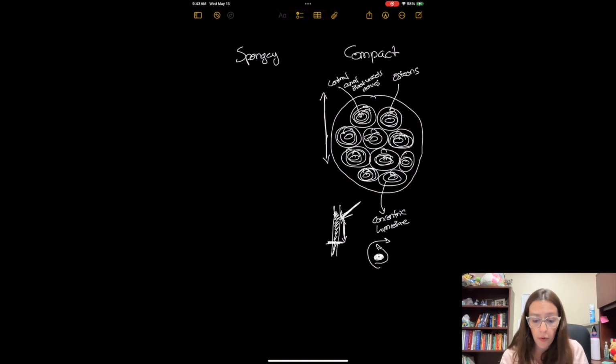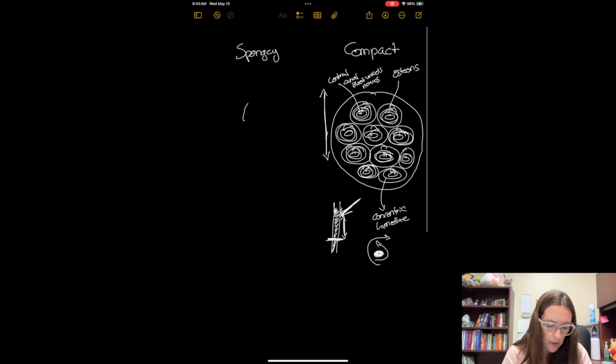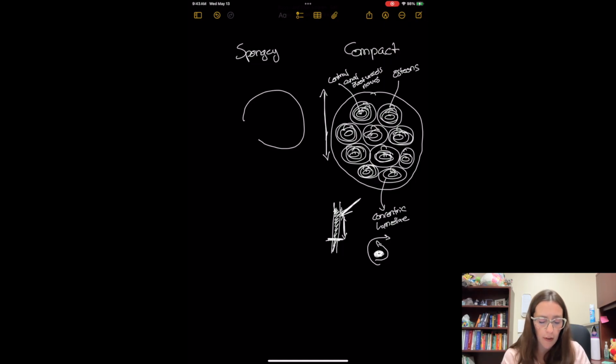So we also have what we refer to as spongy bone. Spongy bone is different in that we don't have this nice tree trunk structure. So let's imagine we've got the ball of my ball and socket joint. I'll explain why that matters in a second. Inside, we have all of these crisscrossing bones, where it's still made with lots and lots of collagen and calcium, but we do not have the central canal anymore.